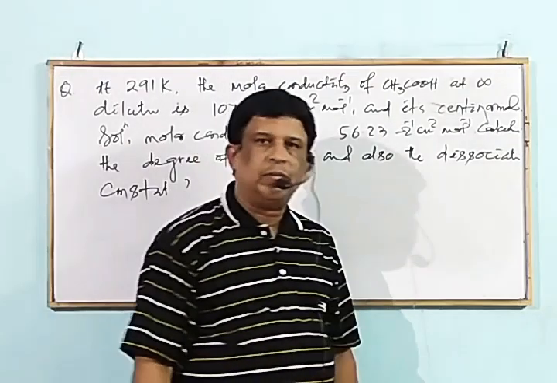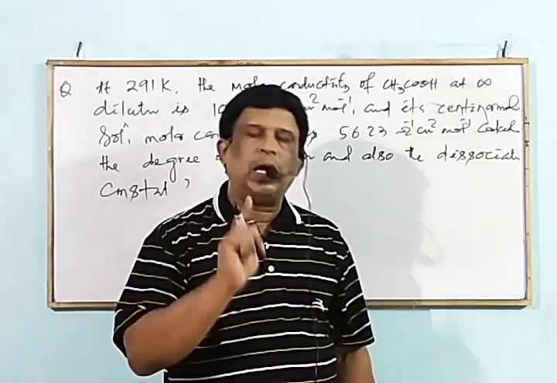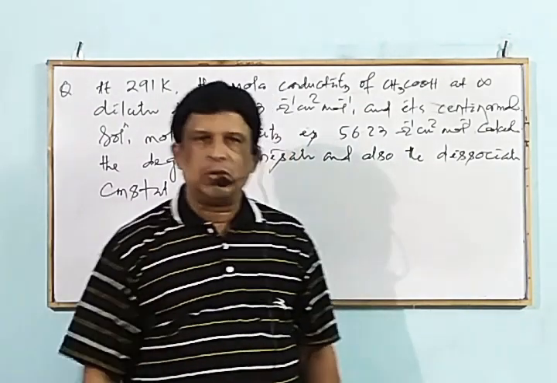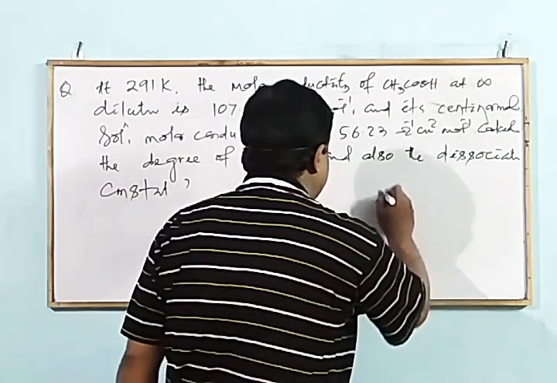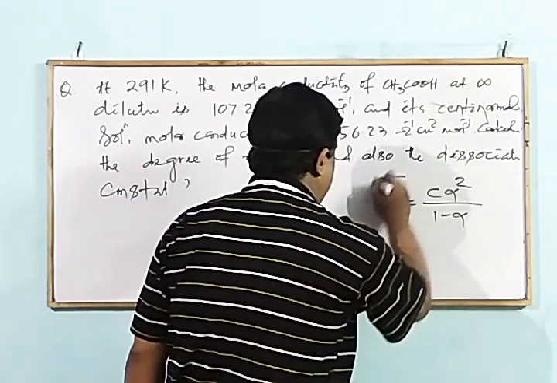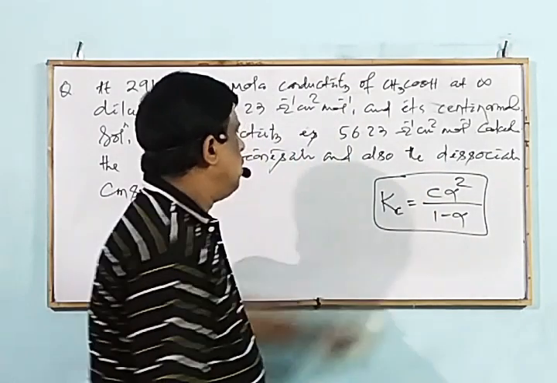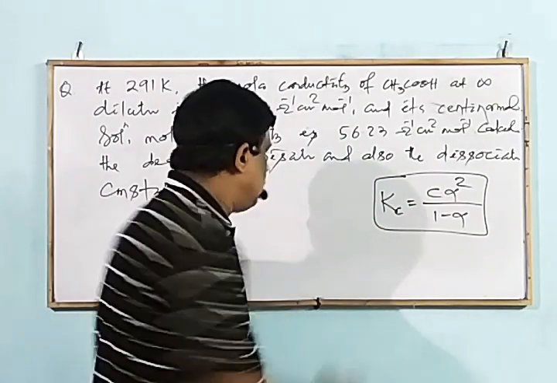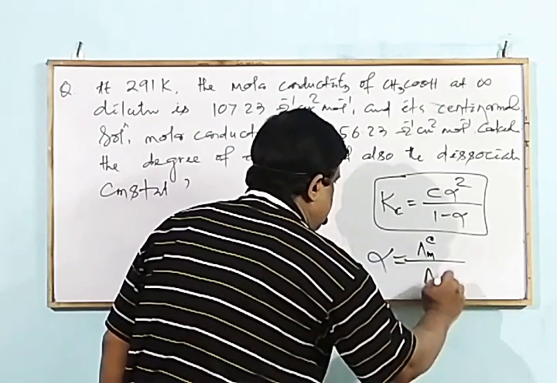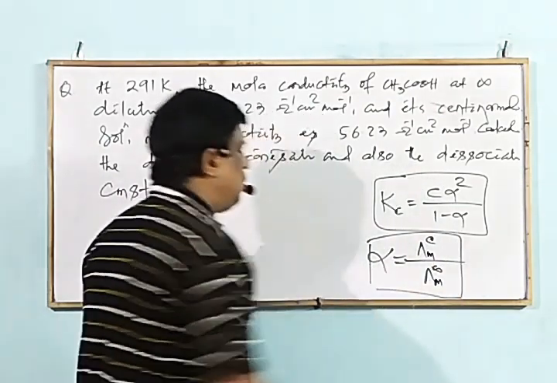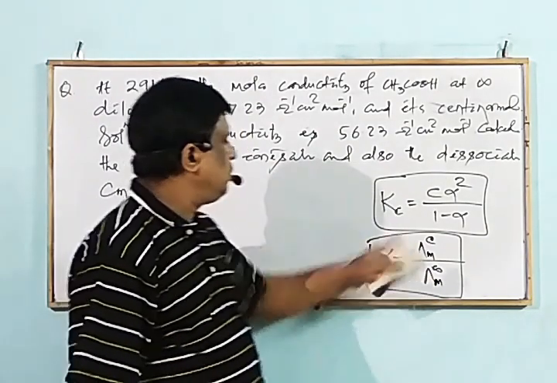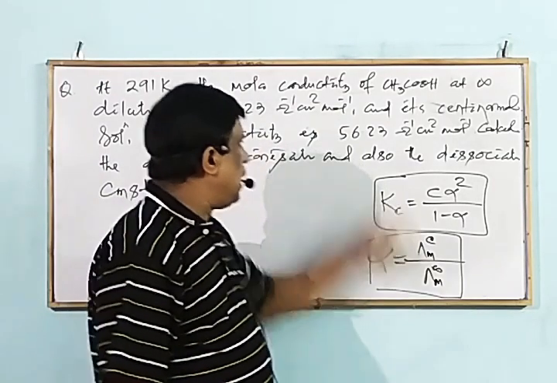Mark the question. First we have to calculate alpha, the degree of ionization. Next we calculate the dissociation constant. The formula is K or Kc is equal to C alpha square by 1 minus alpha. Mark that. For that we have to calculate alpha. We know alpha is molar conductivity at a particular concentration by molar conductivity at infinite dilution. So molar conductivity at the particular concentration is given, and molar conductivity at infinite dilution is given.